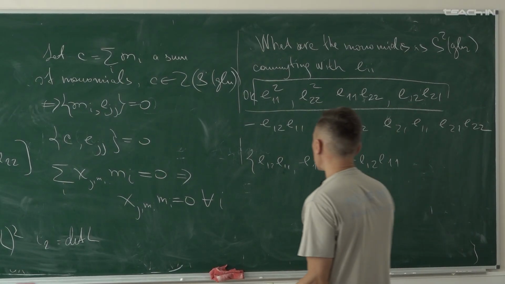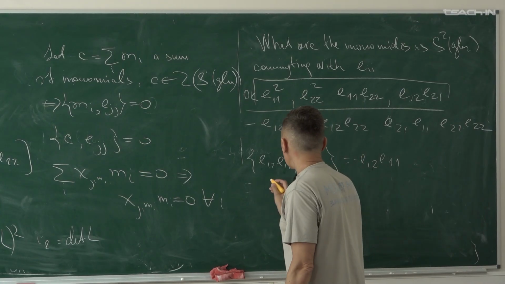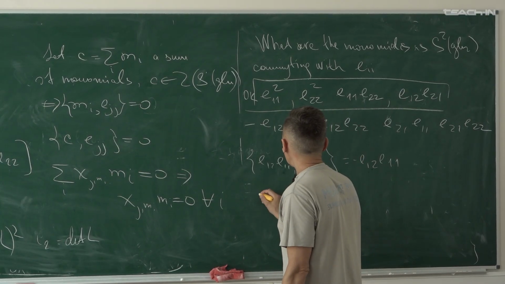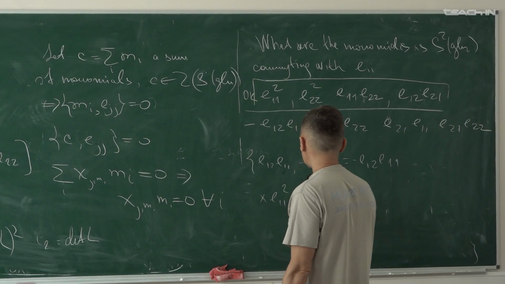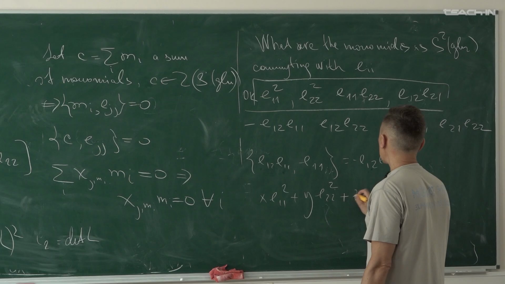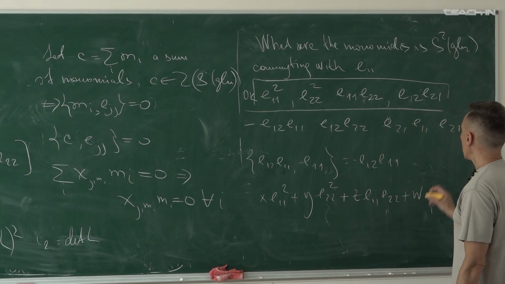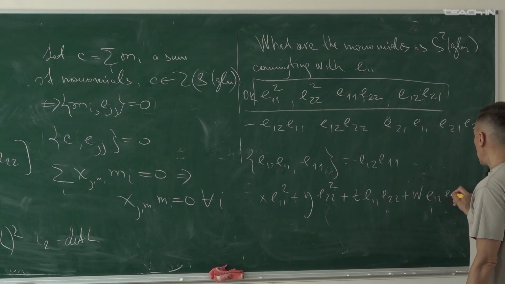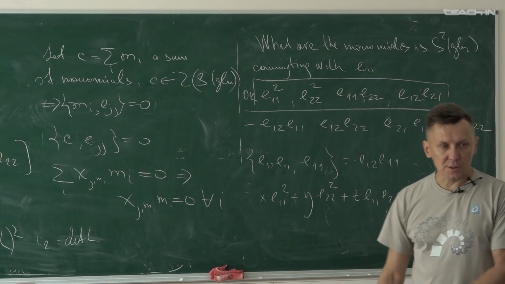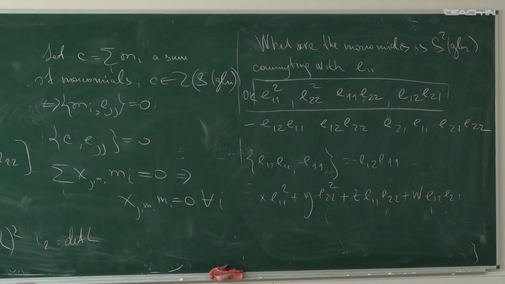The next step, I suppose, is to consider just the general expression: x e11 squared plus y e22 squared plus z e11 e22 plus w e12 e21, and to consider four commutators. Then find this x, y.